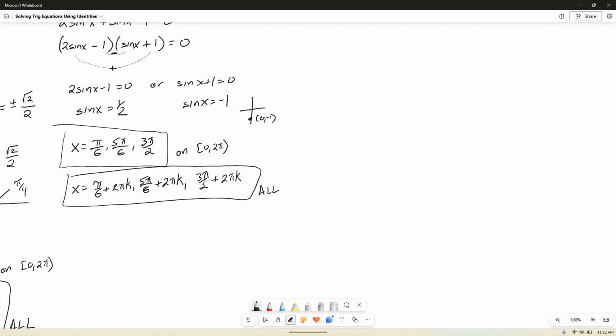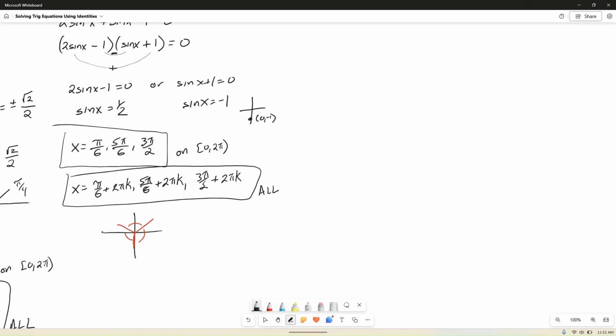Now, it does actually turn out that those 3 answers are all equally spaced away from each other. So just like the previous example, we have first quadrant, second quadrant, and then the y-axis. They're all spaced out an even distance from each other. It's 2 pi over 3.